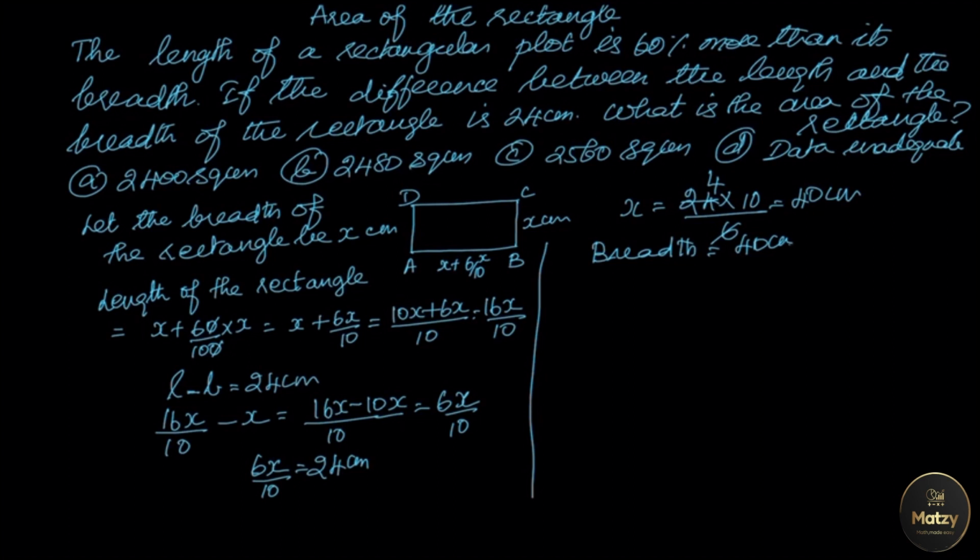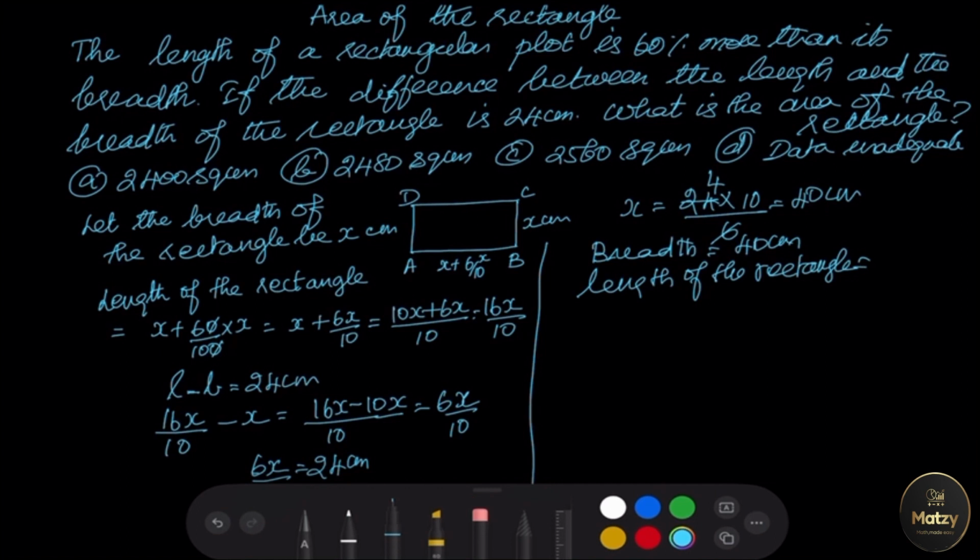So, 16 into x value, we got it as 40, by 10. That is 64 centimeters. What is the area of the rectangle?